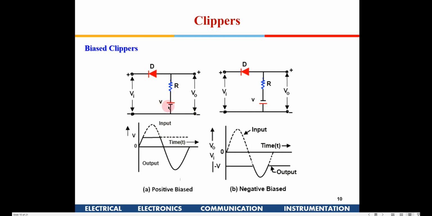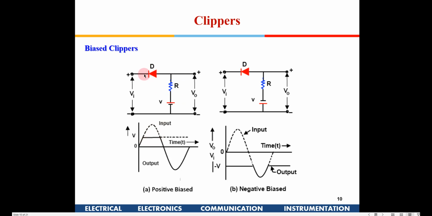If you see here, this diode is reverse biased. Initially the signal is 0 out here, right? As it keeps going, if it goes beyond the V voltage, this diode gets reverse biased. The moment it goes beyond V, it gets reverse biased, so this goes out of the loop, and the maximum voltage available here is V, so it gets clipped.